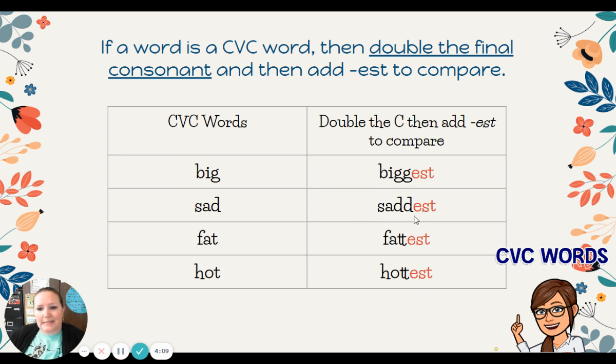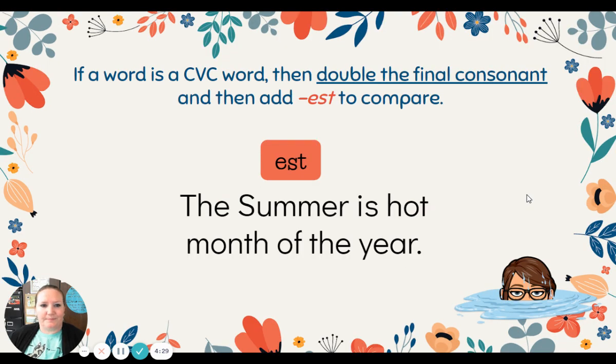That becomes saddest. Fat, F-A-T, consonant, vowel, consonant. We double the final T, then add EST, fattest. And hot, consonant, vowel, consonant. Double the final consonant before adding EST, hottest. So if a word is a CVC word, then double the final consonant and then add EST to compare.